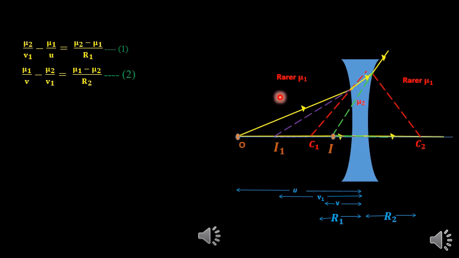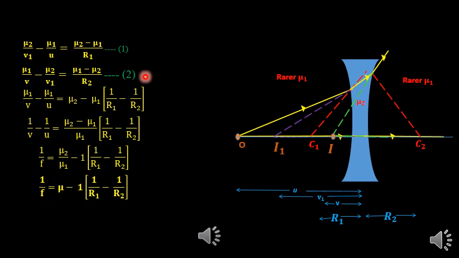To get the Lensmaker's formula of the lens, add equations 1 and 2. Then we get mu1 divided by v minus mu1 divided by u equals mu2 minus mu1 into 1 by r1 minus 1 by r2, or 1 by v minus 1 by u equals mu2 minus mu1 divided by mu1 into 1 by r1 minus 1 by r2.